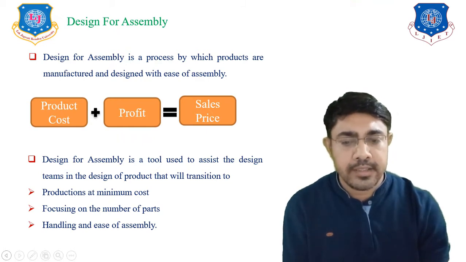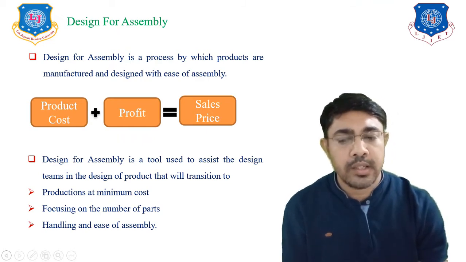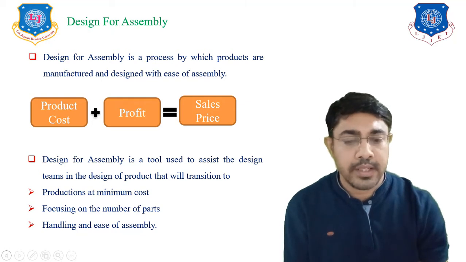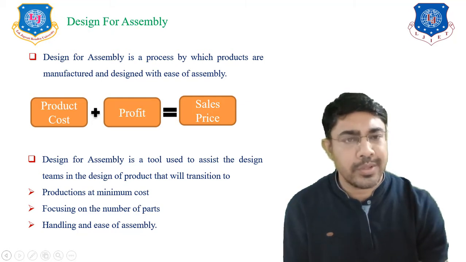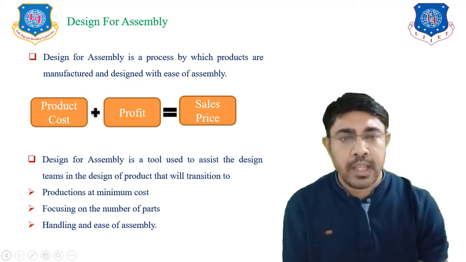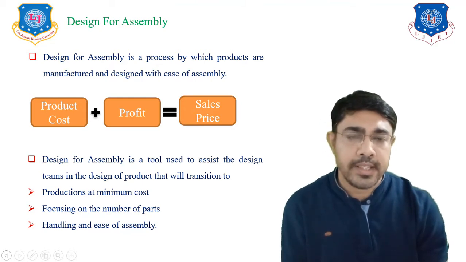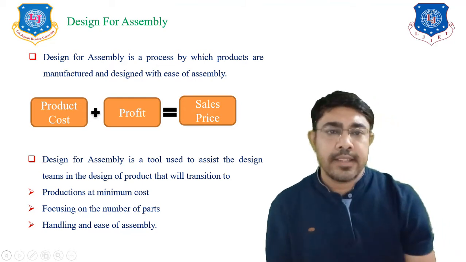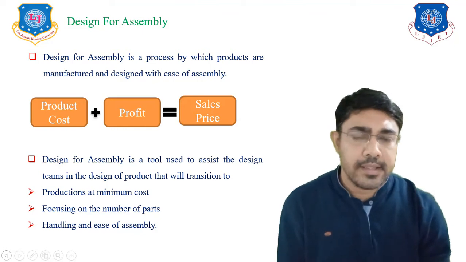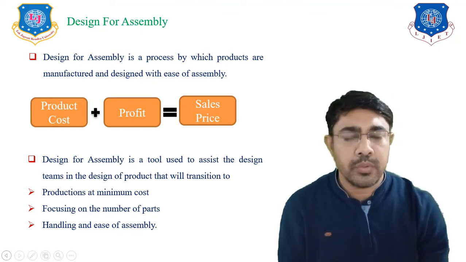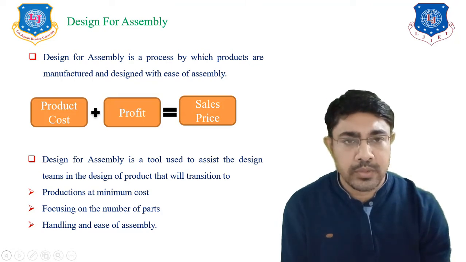As we know, sale price is equal to production cost plus profit. It is nothing but the summation of production cost and profit. And we all know that today is the competitive world, and due to the globalization of business, if we have to sustain in the market, we have to reduce the production cost.